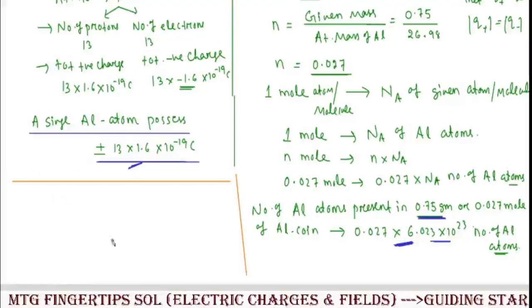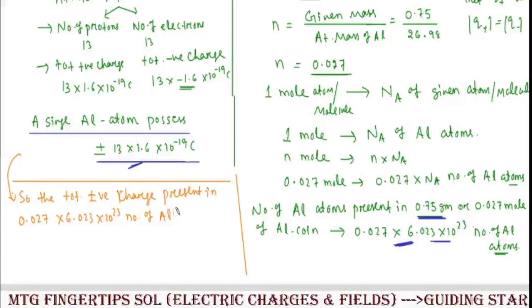we'll do the calculations over here. So the total positive or negative charge present in total positive और नेगेटिव चार्ज, यहीं से फर्दर कैलकुलेशन का यहाँ पे स्टेप है। टोटल पॉजिटिव और नेगेटिव चार्ज प्रेजेंट इन 0.027 into 6.023 into 10 to the power 23 numbers of aluminum atom will be how much?